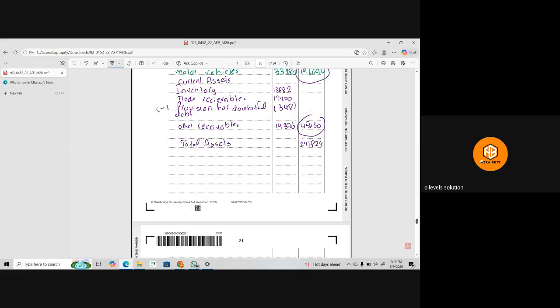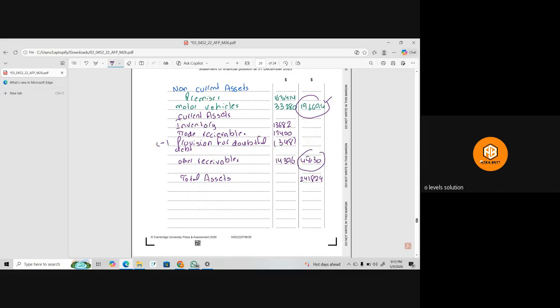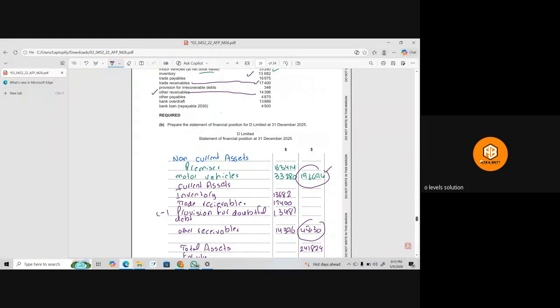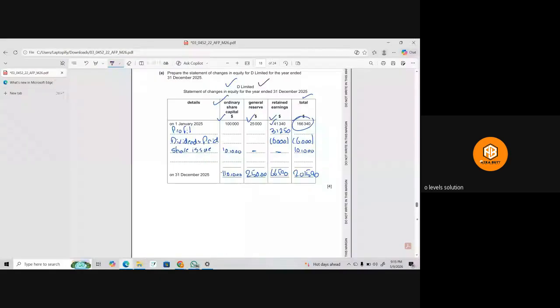Then we have the ordinary share capital, which is 110,000.